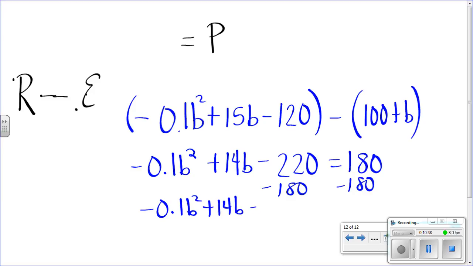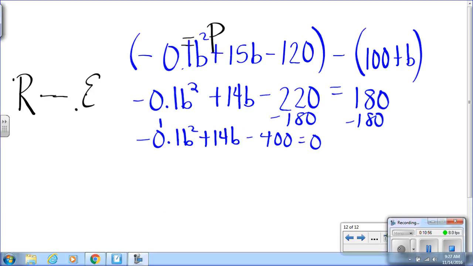Minus 400. Probably subtracted that, but I wouldn't want to. A negative 0.1 and a 400. How about the quadratic formula? Alright, I'll wait. Let's see.